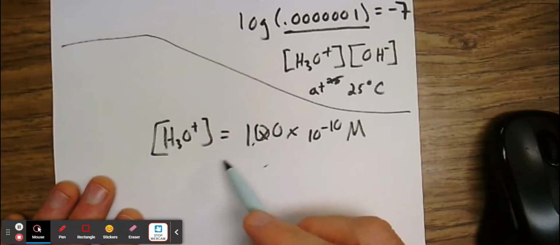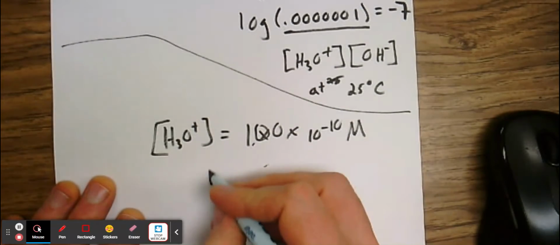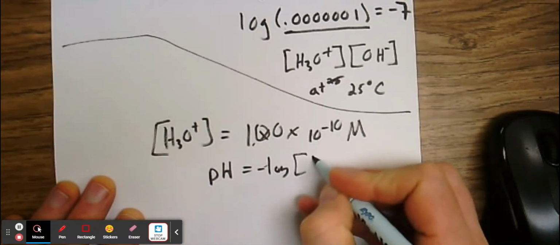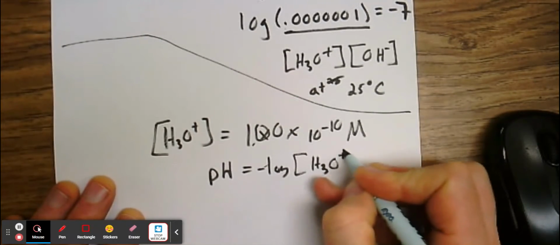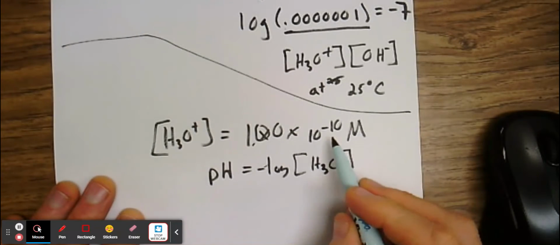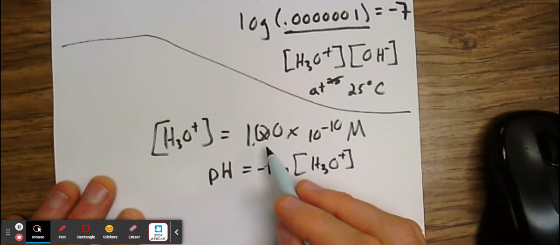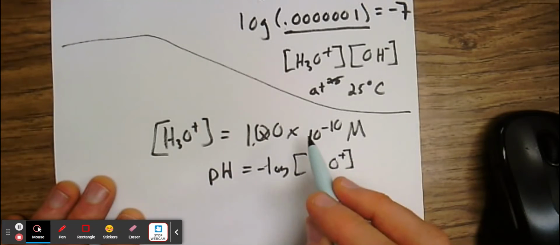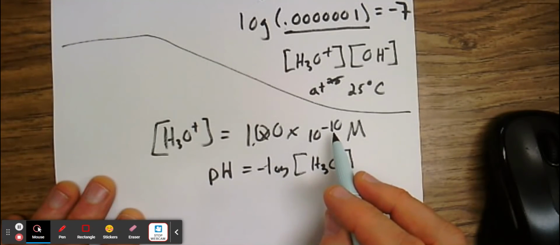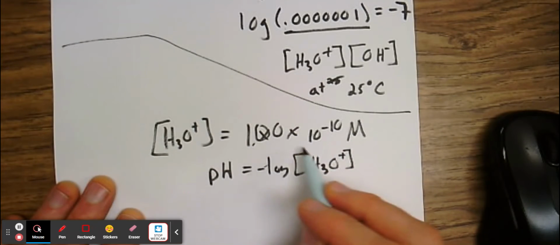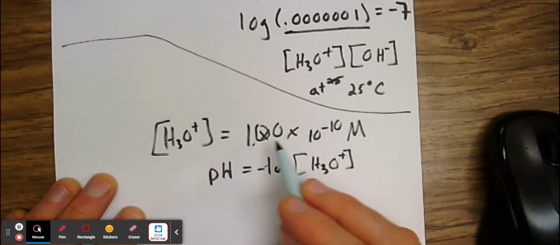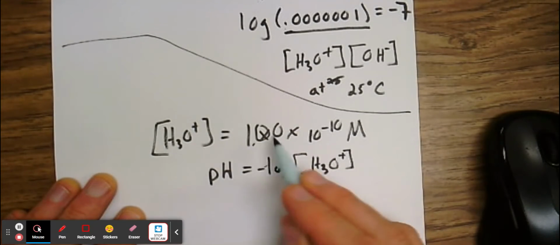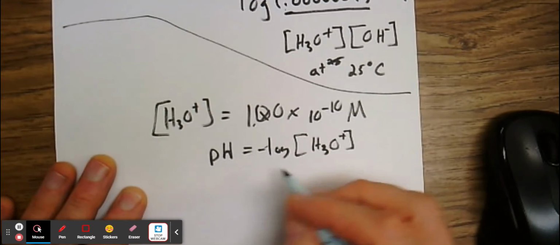Well, pH is equal to the negative log of the H3O plus concentration. Therefore, I'm taking the negative log of this. If I take the log of this, that's going to be -10, so my pH for this scenario is going to be just 10.